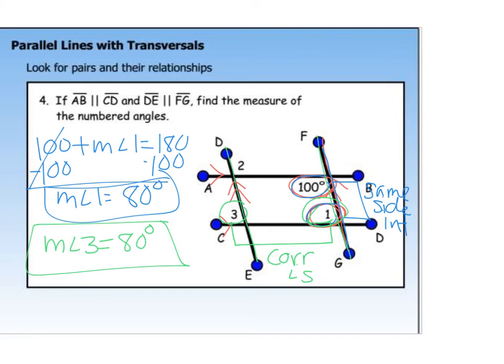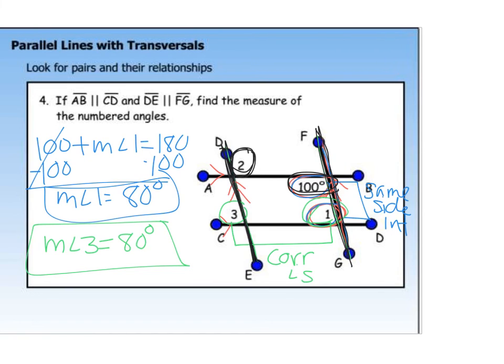Alright, looking at this, is there a relationship between angle 2 and any other angle? Oh, this is interesting. Since I have two sets of parallel lines, look at angle 2 and this original 100-degree angle. Looking at the parallel lines, so I'm talking about DE and FG.